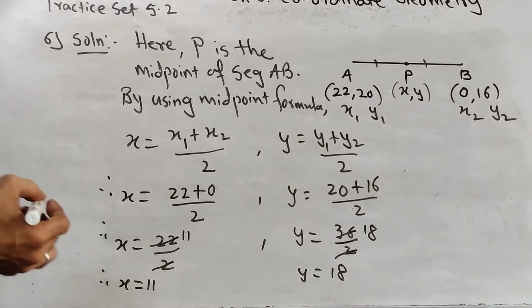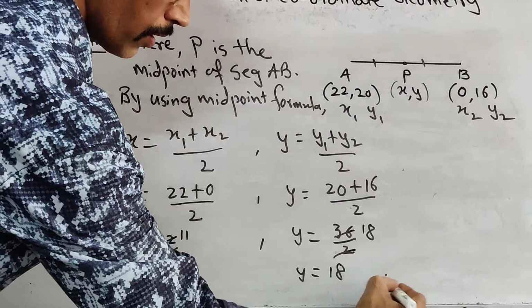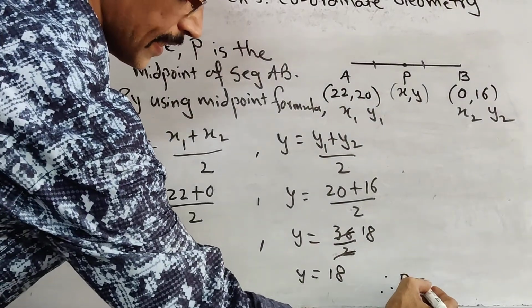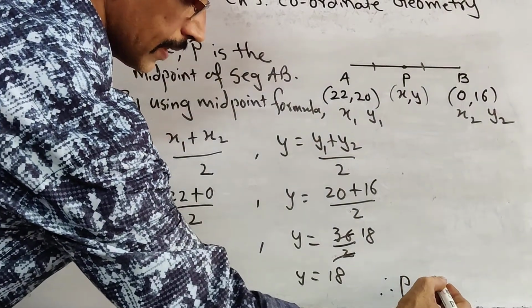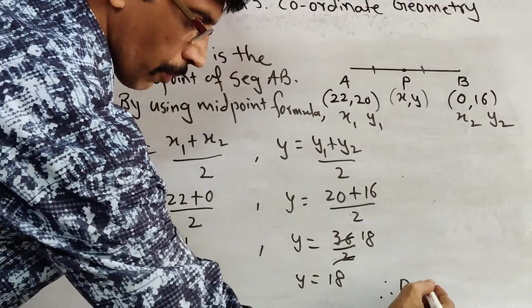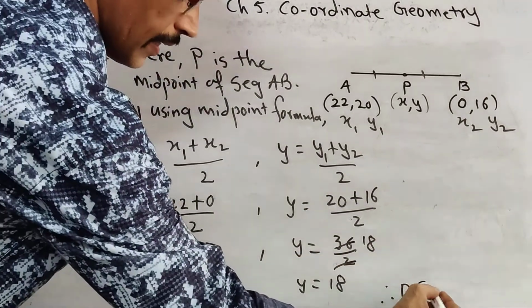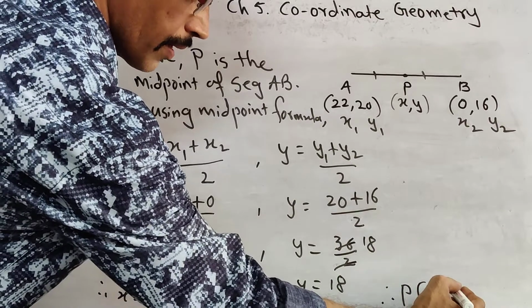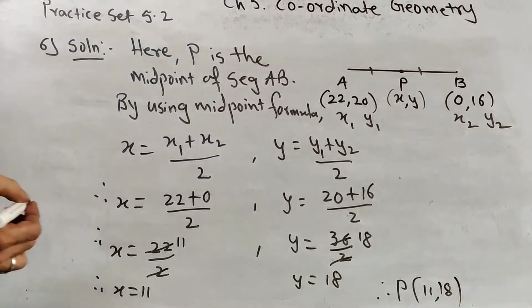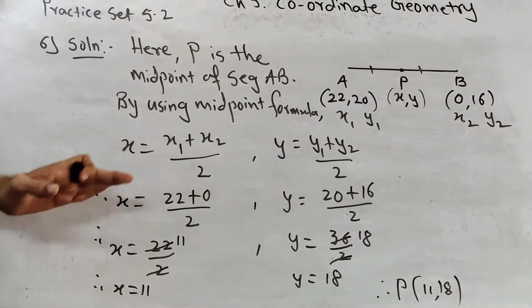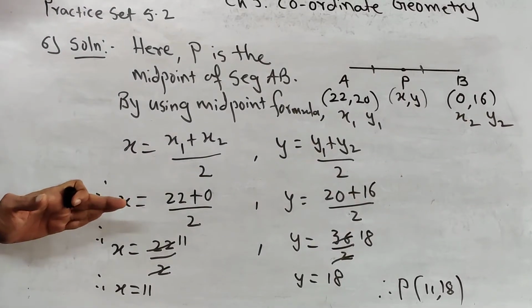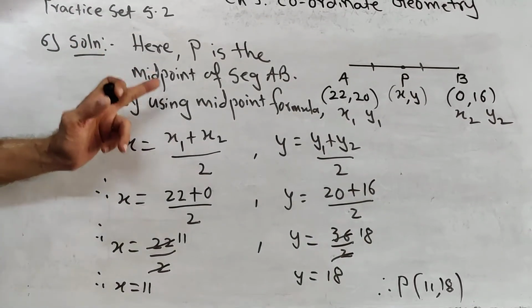So you got the P coordinate. P is (11, 18). This is how we completed sum number 6 using the midpoint formula.